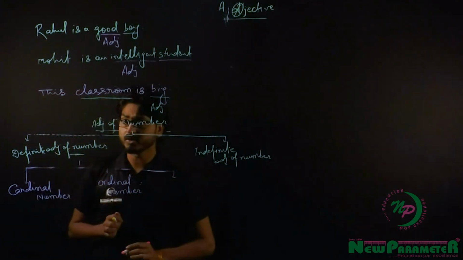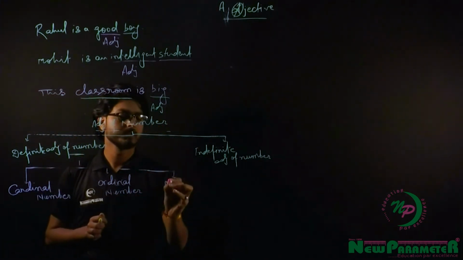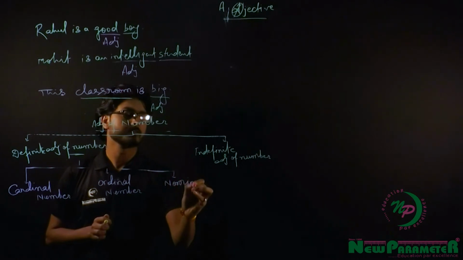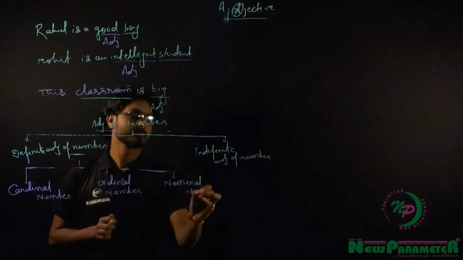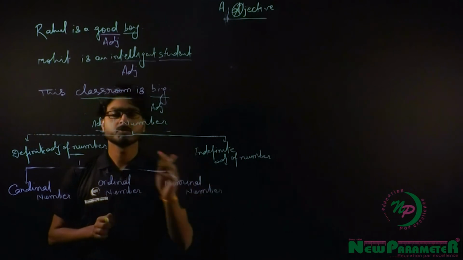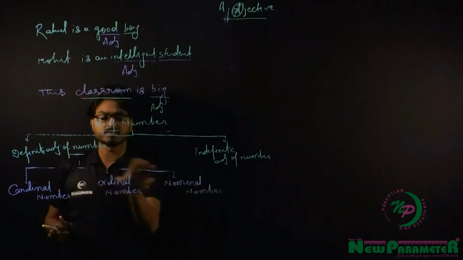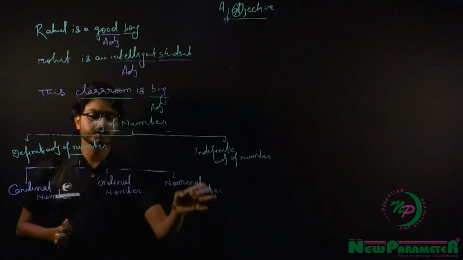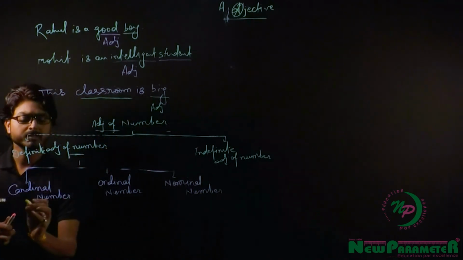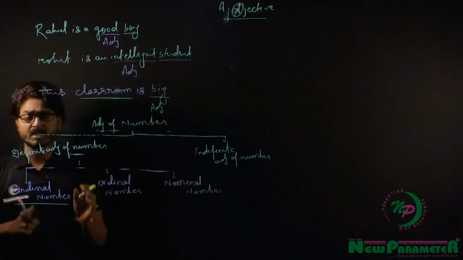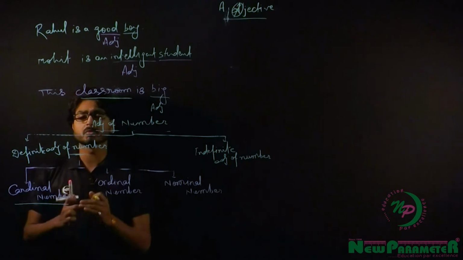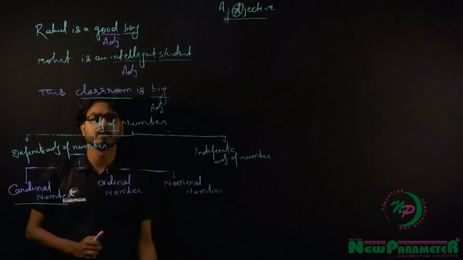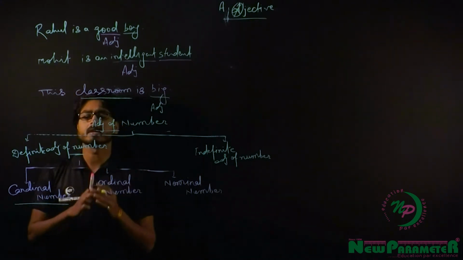And the third one is called nominal number. Two types of questions are generally asked from this one: cardinal, ordinal, and nominal number. Cardinal number is what? Any number which we use to count any object, we say that is a cardinal number.